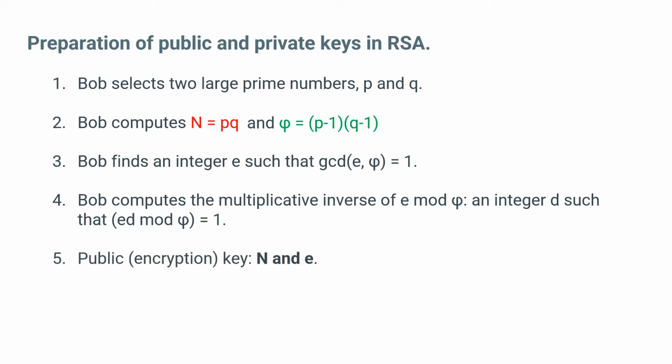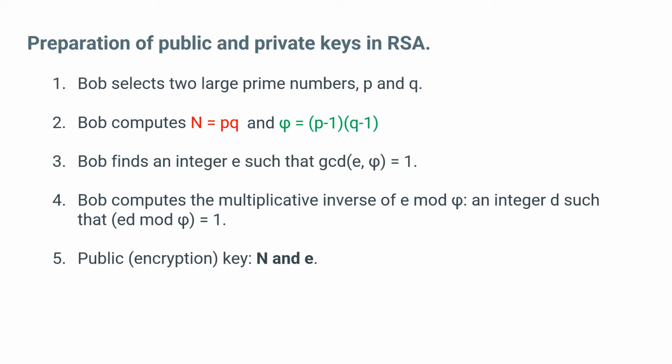Now, the public key, the one that he gives to anyone who wants it, just throws out to the public, is capital N and E. And N again is that product of P and Q. Now, here's the deal.